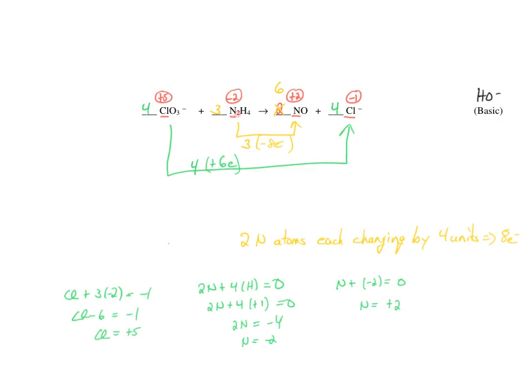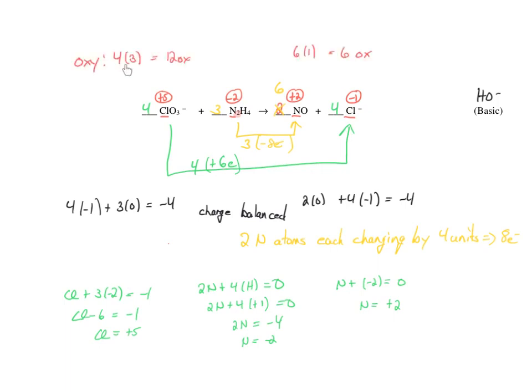Next we worry about the charge. Looking at the charge, we see we have a net charge of -4 on the reactant side and -4 on the product side. We're already balanced, so we don't have to worry about adding hydroxides for the charge. Looking at the oxygens, we see we have 12 oxygens on the reactant side and just 6 oxygens on the product side.